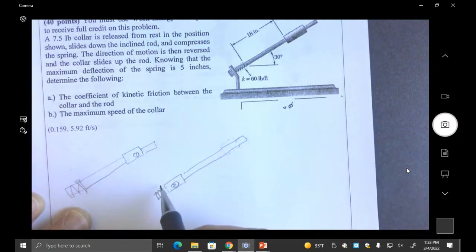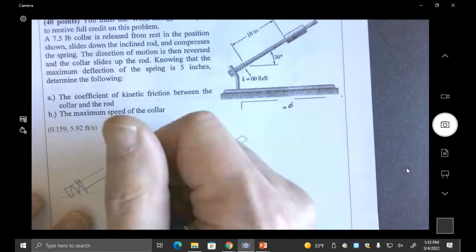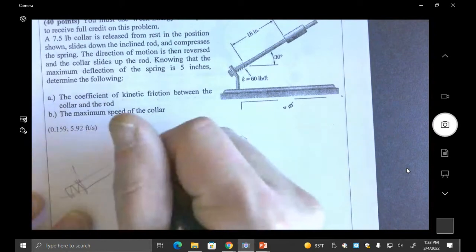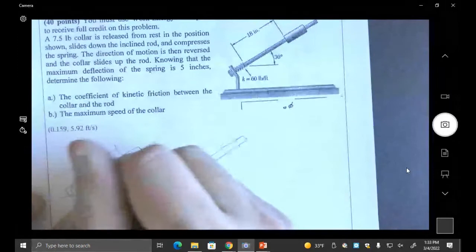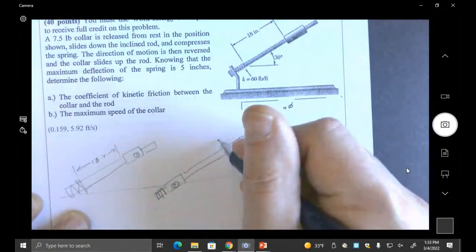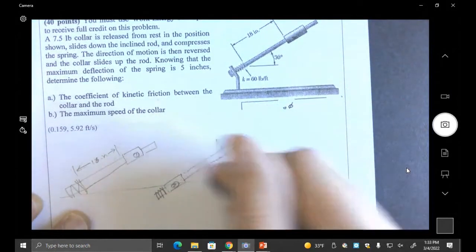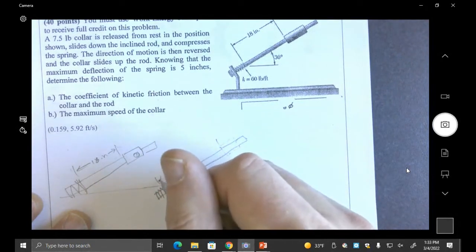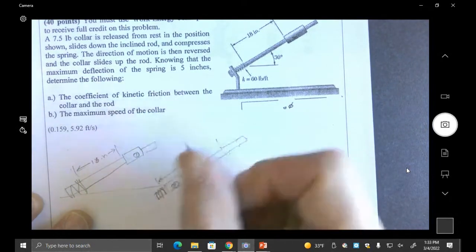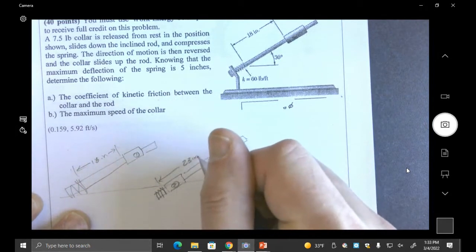But right here is probably where I want to choose my datum. I'll go right here at the bottom. For one thing, from here to here was 18 inches. So from here to this, I measured from the bottom of this, so I better measure to the bottom of that. This right here better be 5 more inches, or 23 inches.